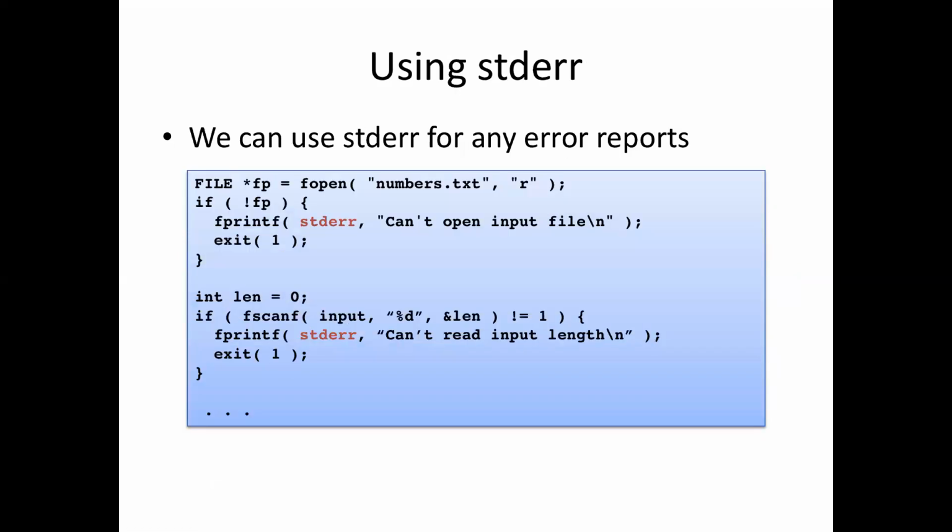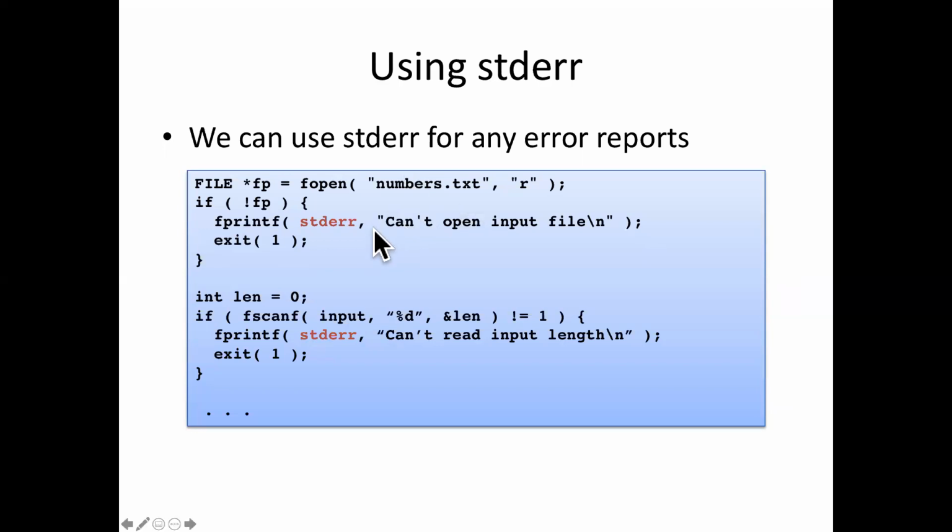By using standard error, we can send error messages to this error stream. We just have to print out error messages like this. And we're not doing this on our current project, but we'll probably start doing this on future projects.